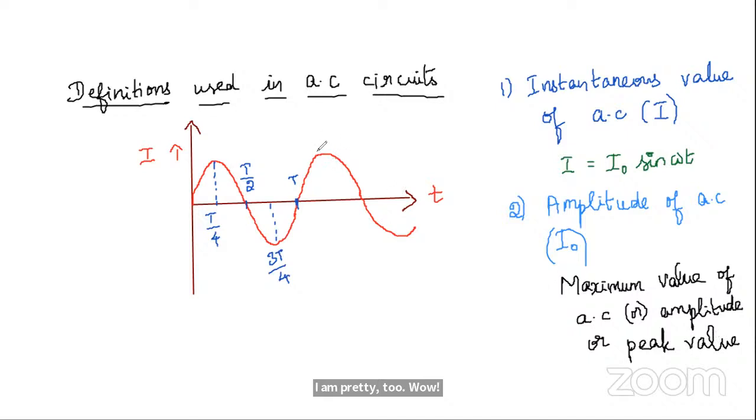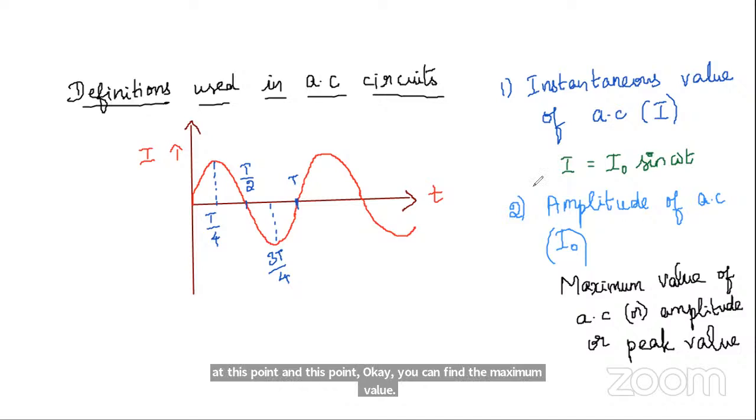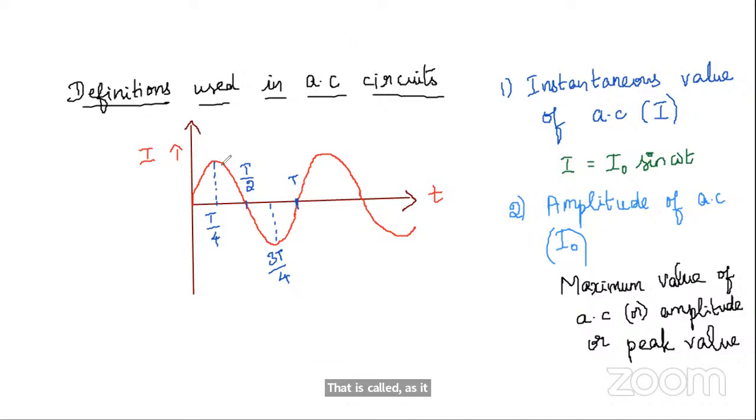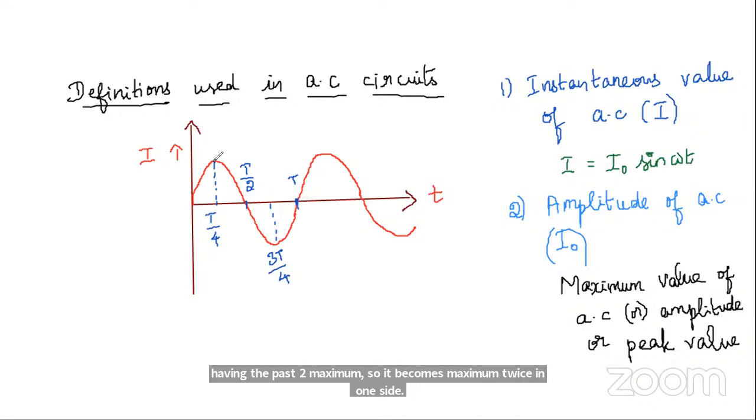At this point and this point you can find the maximum value, that is called the amplitude. This maximum value becomes maximum twice in one complete cycle: you have the negative maximum here and the positive maximum here. So the peak occurs twice in one cycle. That is the thing you need to understand.